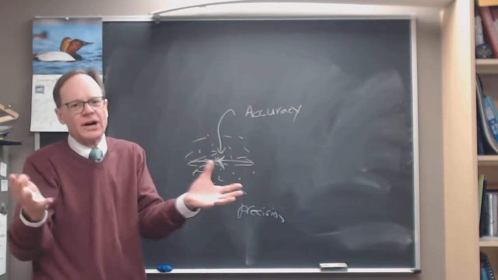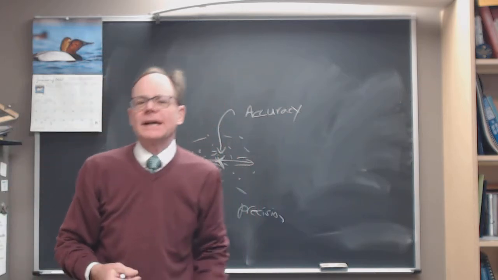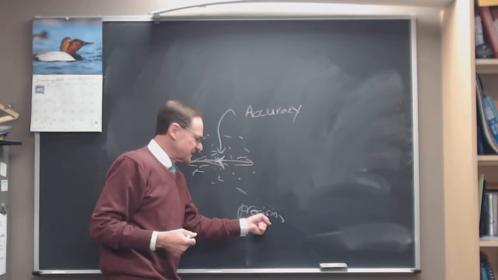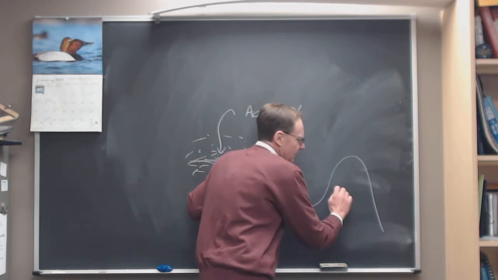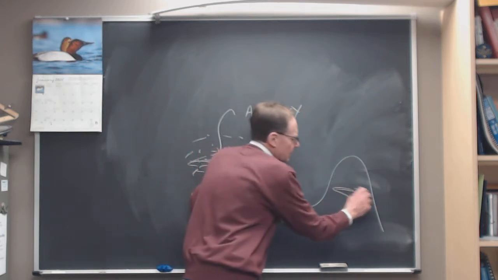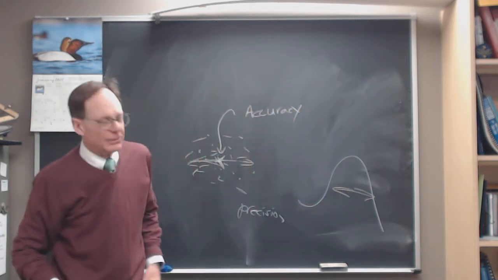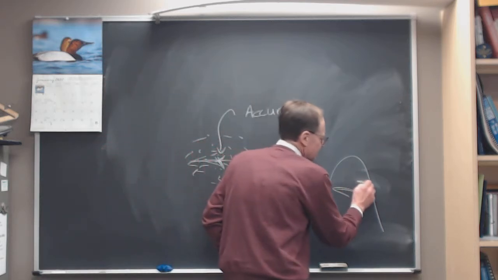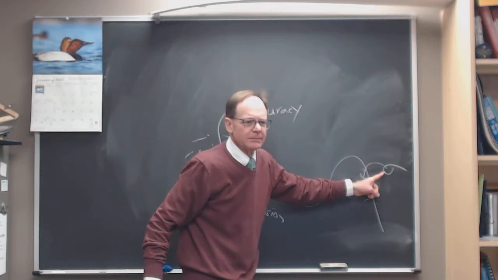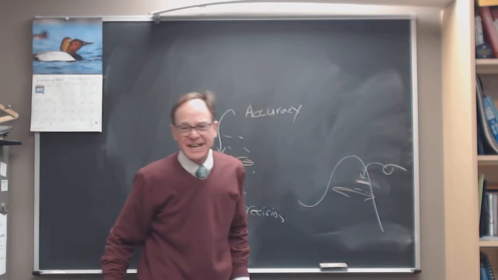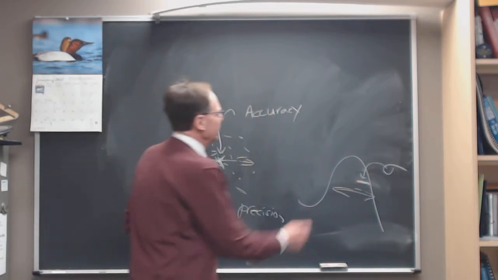All of those things cause us to not measure the same thing every single time. And that's precision. We're going to have a distribution of signal measurements across here, and we will measure that distribution as a standard deviation, which we often give the symbol sigma.